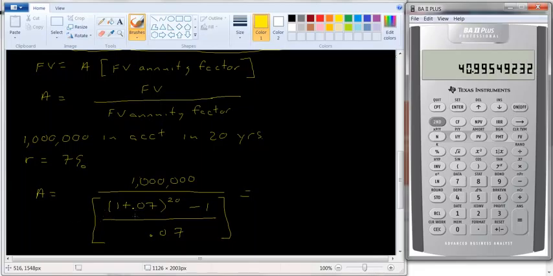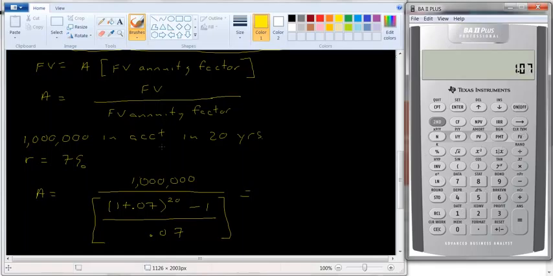So our factor, this number in the brackets here, is 40.99549, etc. So I can flip that over, the 1 over x key, times 1 million. Oops, I did something wrong. Let me do that again.